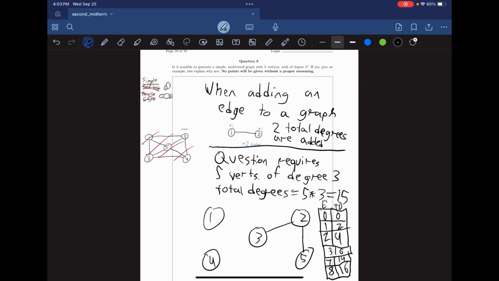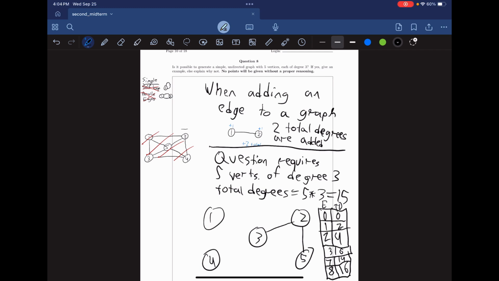Because we can't have half an edge, we can never get to an odd number of total degrees. So again for clarity, because every time that we add an edge we increase our total degrees by 2, we can never have an odd number of total degrees in this simple undirected graph.